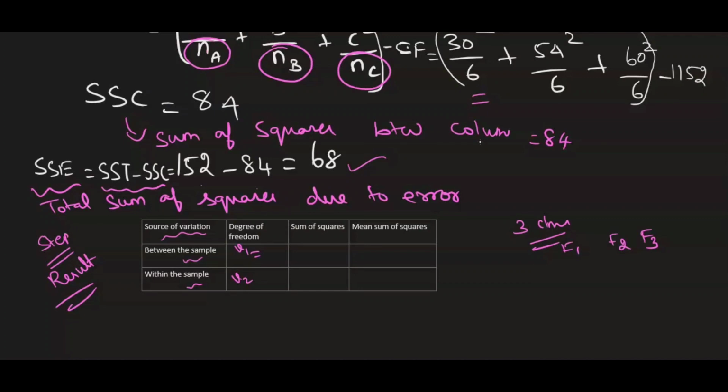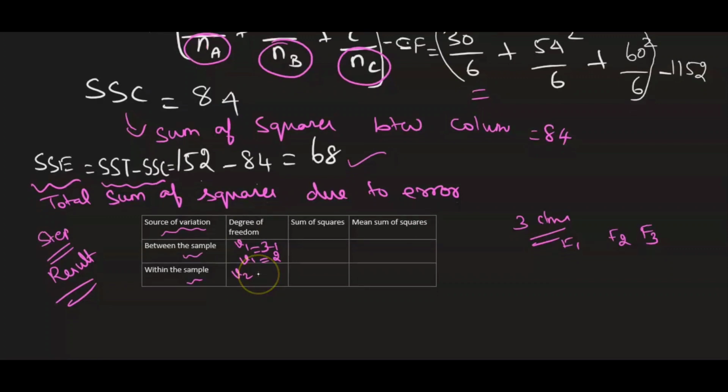So V1 is 3 minus 1, which is 2. This is your first degree of freedom. Similarly, we have V2, and V2 is nothing but N minus C. That is, how many values are given? 18 values are given in total, minus how many columns there are, 3 columns. That is N minus 3, so 15 is your V2.